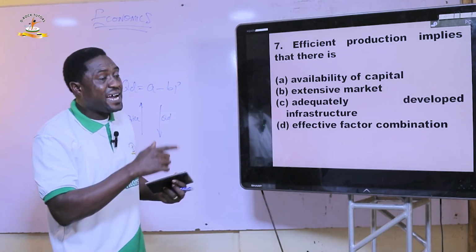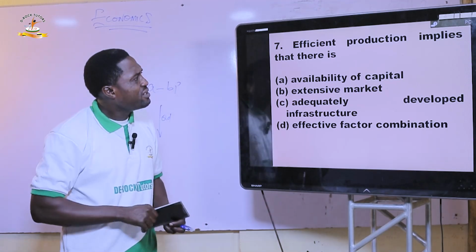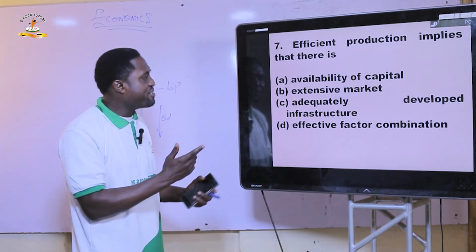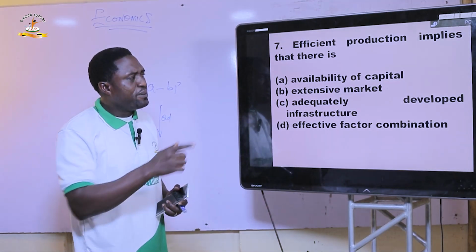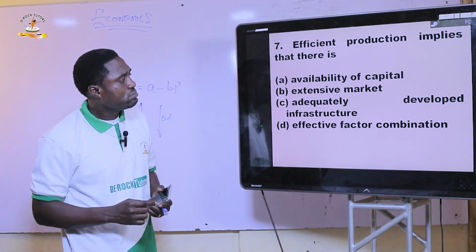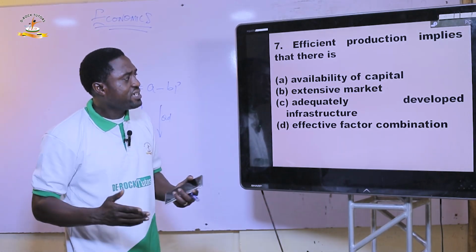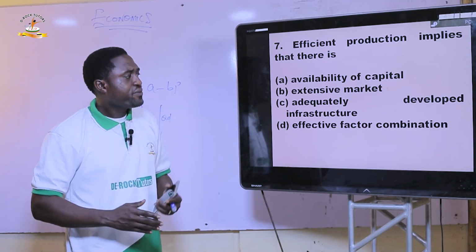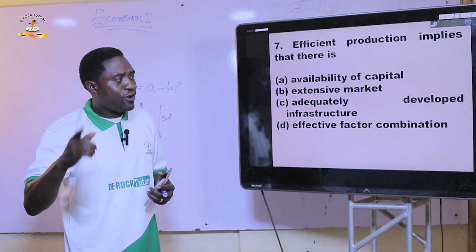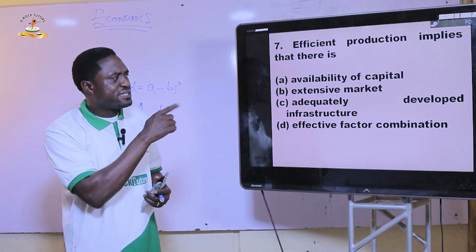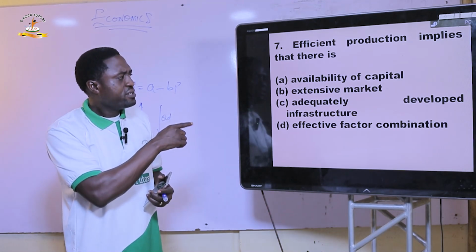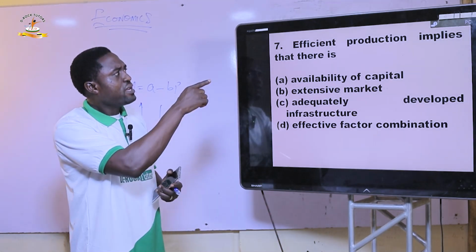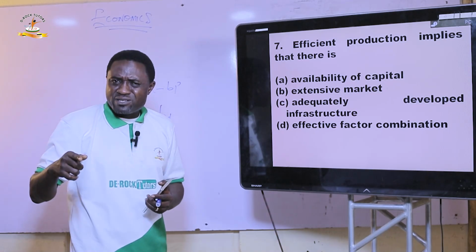Efficient production implies that there is: A, availability of capital; B, extensive market; C, adequately developed infrastructure; D, effective factor combination. Now, what does efficient production mean?